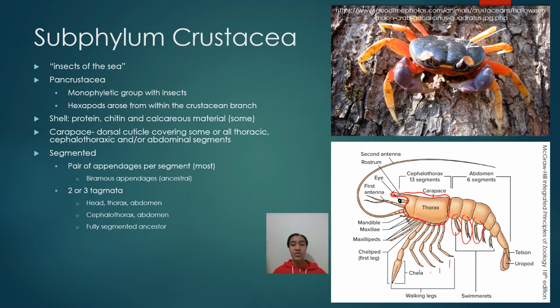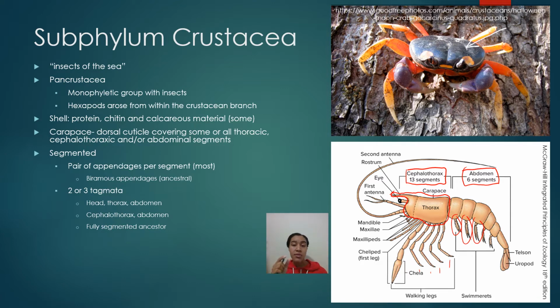Now, modern day crustaceans, for the most part, have 2 or 3 tagmata. They can have a head, thorax, and abdomen, or they can have a cephalothorax and an abdomen. An example of a cephalothorax and abdomen you can see in both of these pictures, where in the lobster they're marking out the cephalothorax and the abdomen here. And then in crabs, their cephalothorax makes up the vast majority of their body that you can see covered by that carapace, and their abdomen is highly reduced.